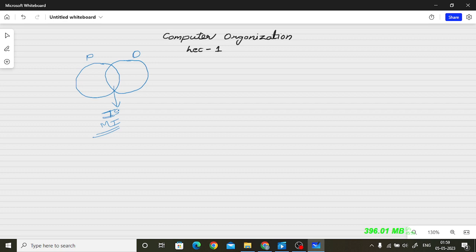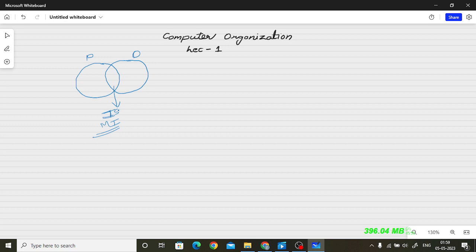I will give you the picture of how various components of a computer are connected, and how the instruction flows between these components.